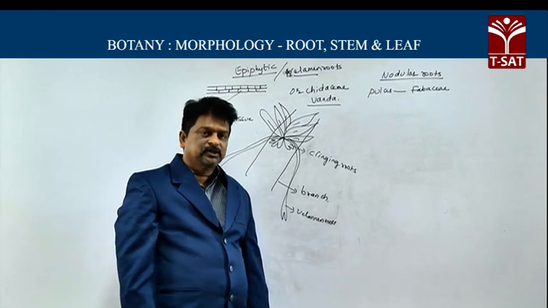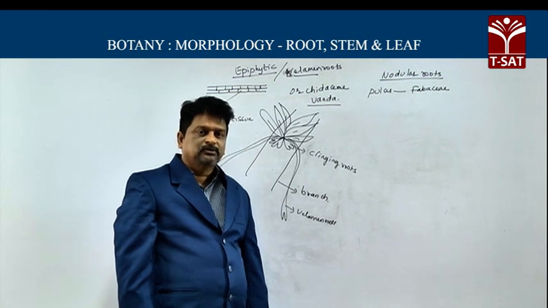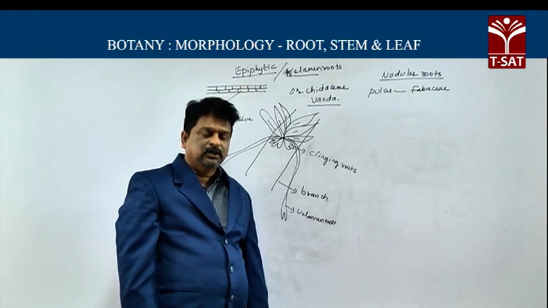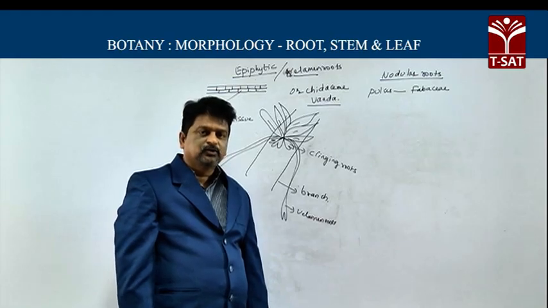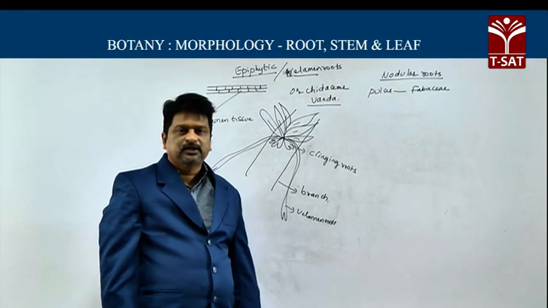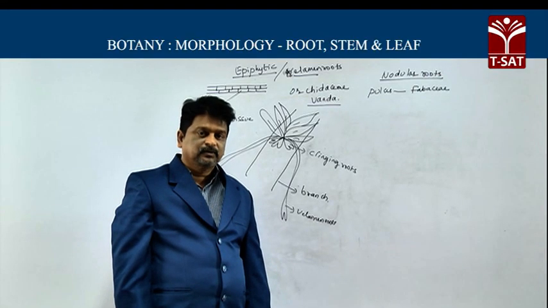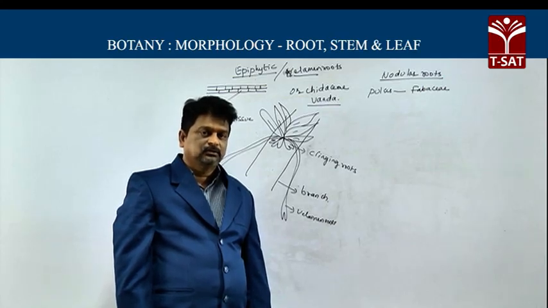This nitrogenase enzyme is present in some prokaryotes, not all, like Rhizobium bacteria and some cyanobacteria like Anabaena and Nostoc. These microbes contain nitrogenase enzyme. So these microbes can fix atmospheric nitrogen directly.